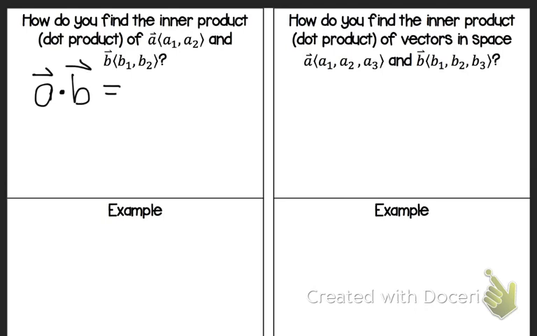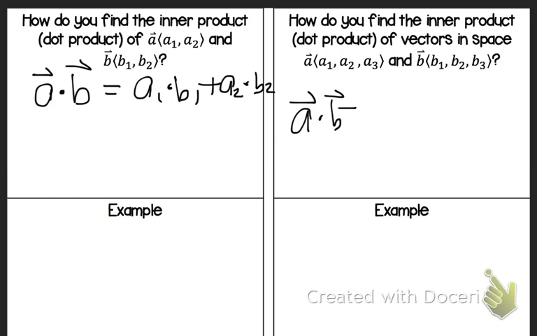You're basically just multiplying the x values together, a1 times b1, plus your y values together, a2 times b2. Okay, if it is in 3 dimensions, same idea. So a dot b is a1 b1, so your x's, plus a2 b2 for the y's, plus a3 b3 for the z's.